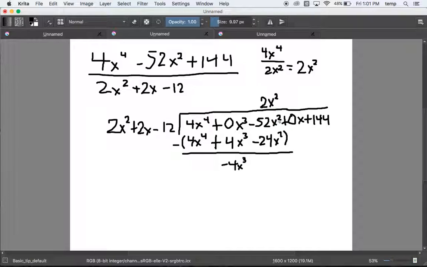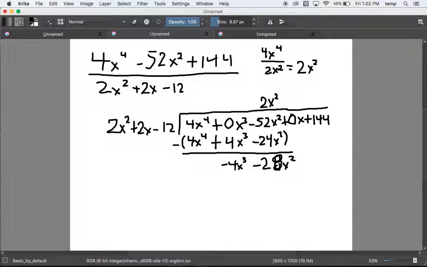We have negative 52x squared minus 24x squared, which is negative 52 plus 24... that should be negative 28x squared.